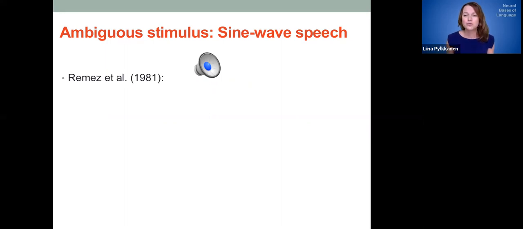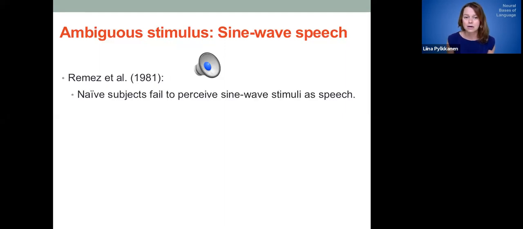Sine wave speech was first used in an experiment by Robert Remez, and the study was reported in 1981. And here is what they did. So they had completely naive subjects come into the lab and listen to these stimuli. And by naive, I mean that they didn't know anything about the nature of the stimuli or the purpose of the experiment.